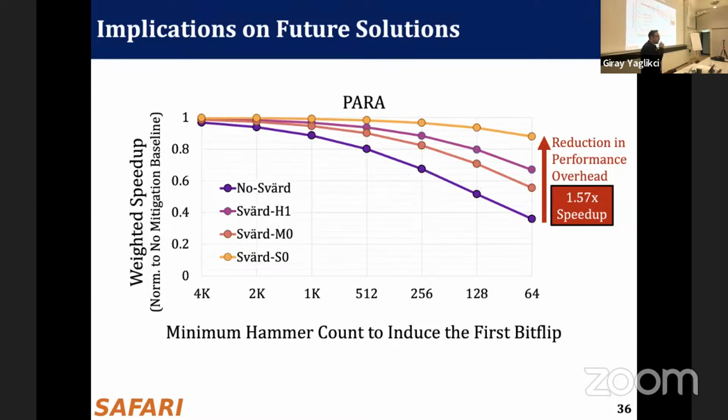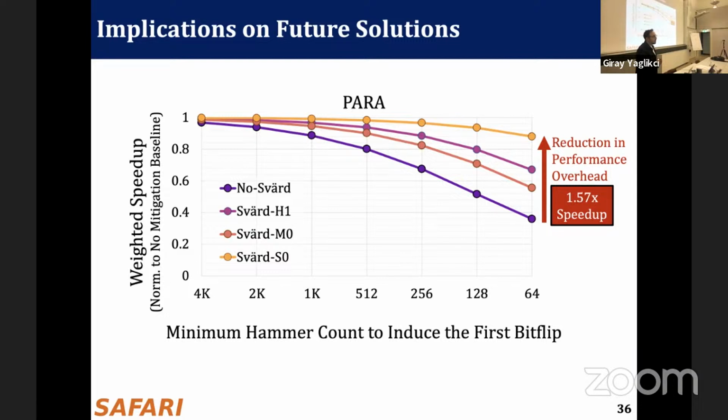Yesterday I showed some other characterization data, coming from another paper, that tells you that if you look at the 10% of rows that are the weakest, and compare with the remaining 90% of the rows, those need double the activation count to achieve a bit flip compared to the 10%. So there's a very small fraction of DRAM rows that are significantly more vulnerable to RowHammer. I think you can find those numbers in the histogram plots, and the table has the minimum, maximum, and average. It doesn't show the population. Yeah.